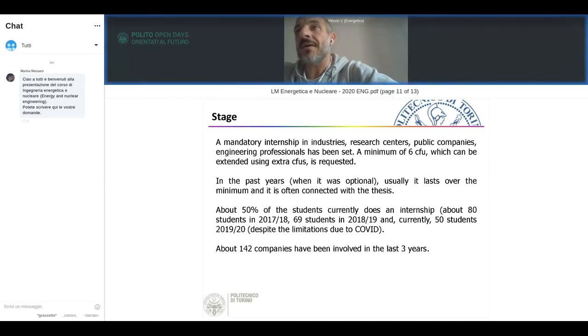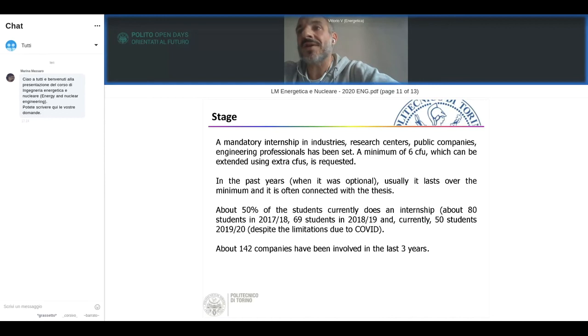That's made up of 6 credits, but it's possible to expand it to have a deeper experience in contact with the work world, with the industry, the research, etc.